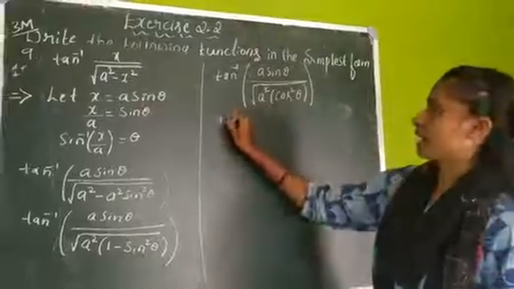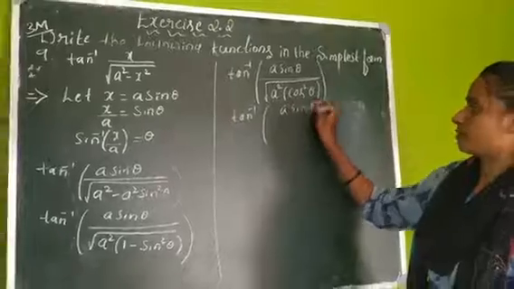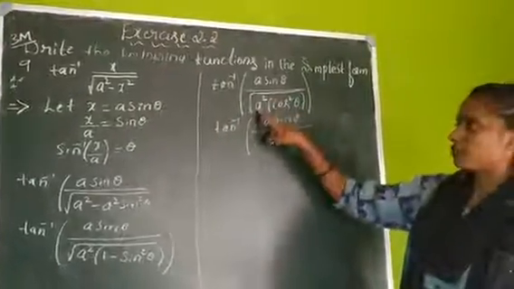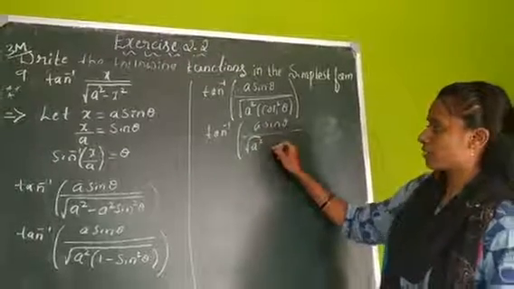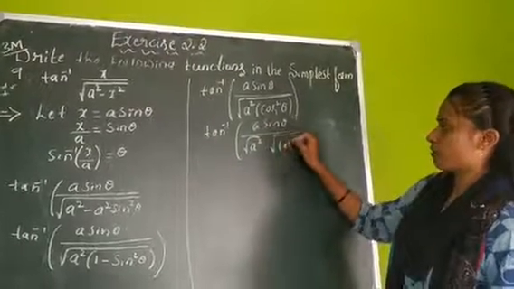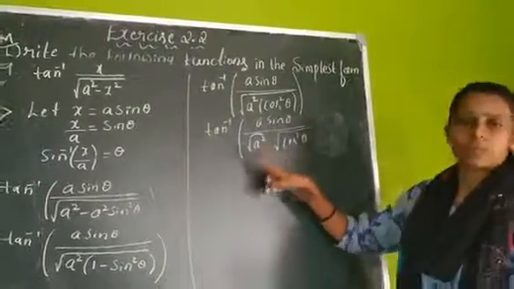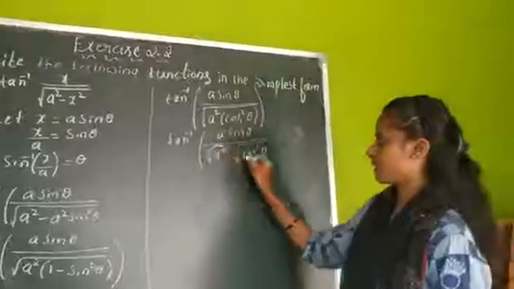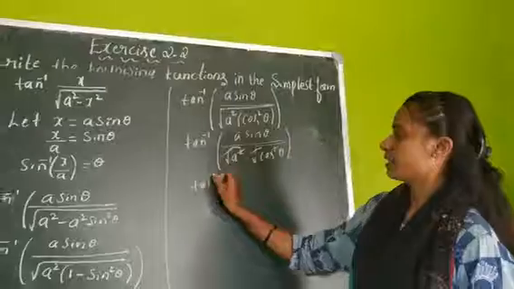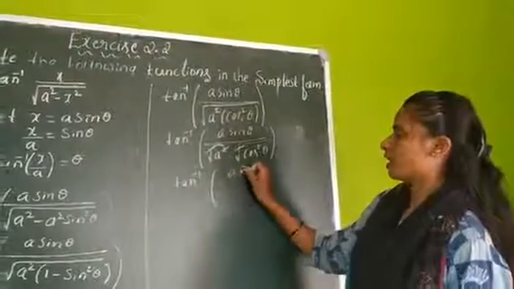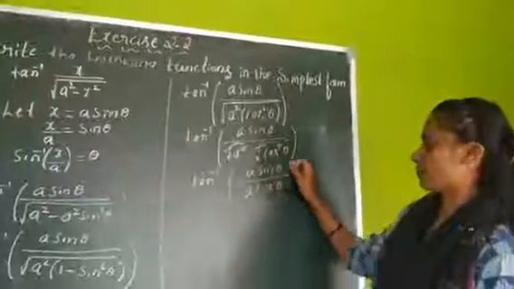Now tan inverse of a sine theta divided by the square root of a square into cos square. You can split the square root for the product terms. So square and root get cancelled, square and root get cancelled. Then the remaining is tan inverse of a sine theta divided by a cos theta.